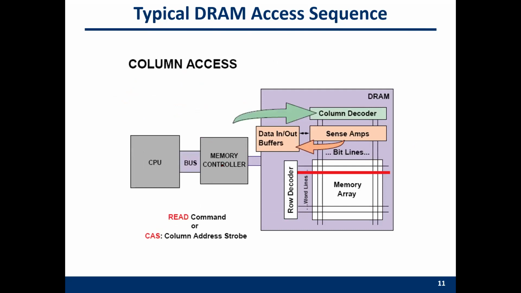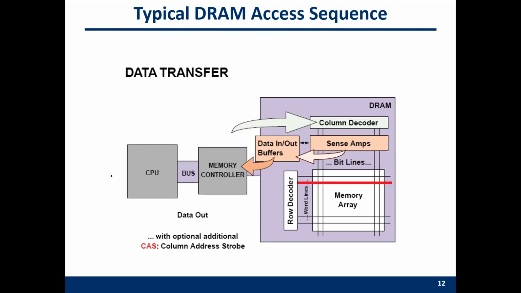And then the memory controller will send out a command named column address strobe, which sends a column address to the column decoder and then selects only one portion of the data in the sense amplifier and sends only this small portion to the buffer and then returns to the memory controller and then to the CPU.